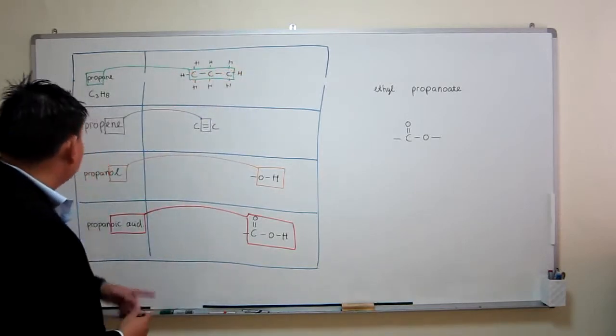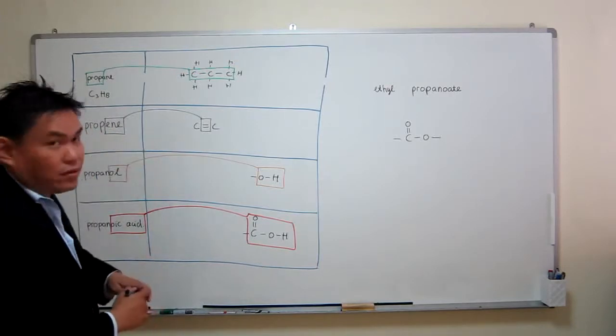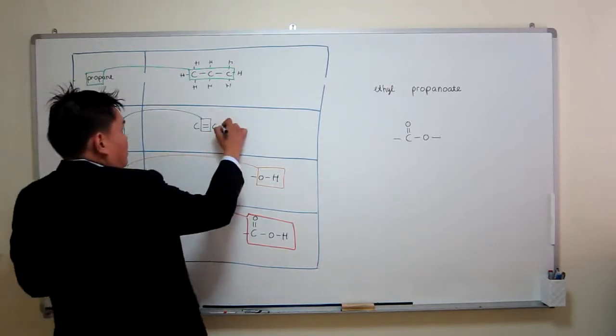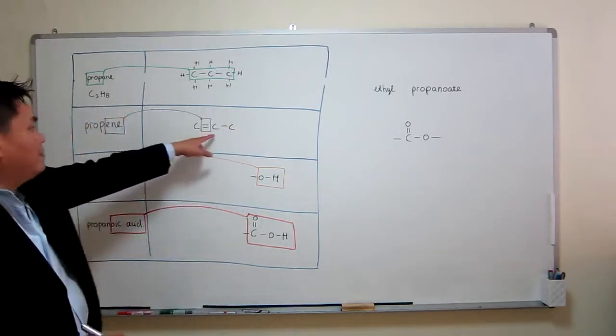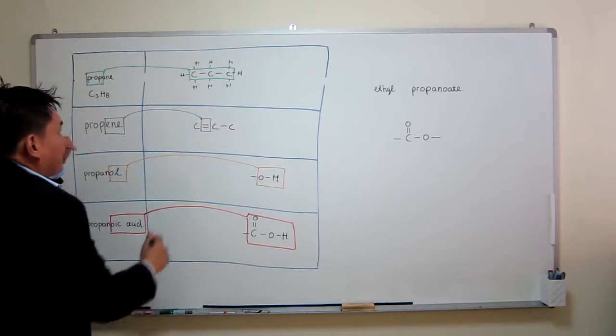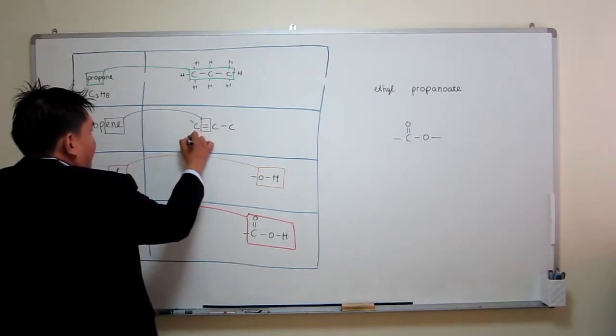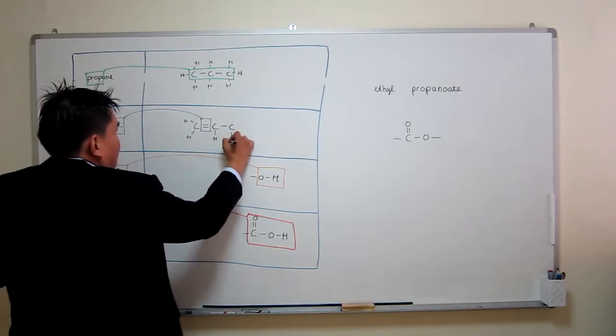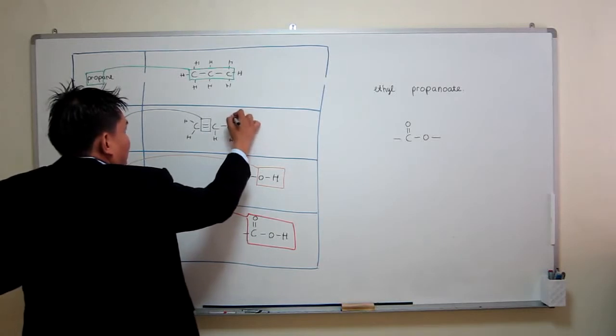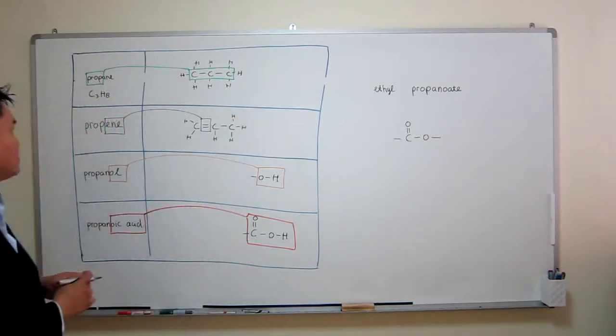Propene also contains 3 carbon, so we must add 1 more carbon, single bond only. We don't have to do double bond. This carbon already has 2, so you can connect with 2 more hydrogen, and we must plug in all this hydrogen, right?